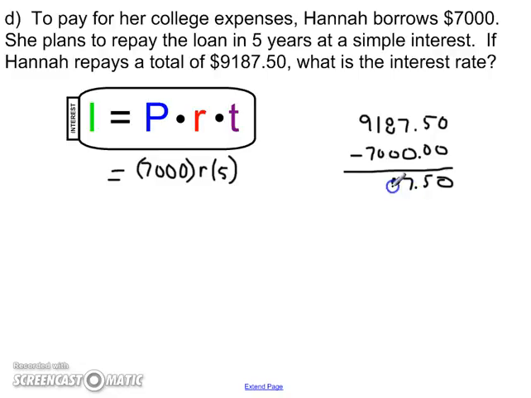It changed by $2,187.50. Well, that is the interest. So if I go over here to my formula now and insert that $2,187.50, you'll notice now the only thing left to find is our rate.